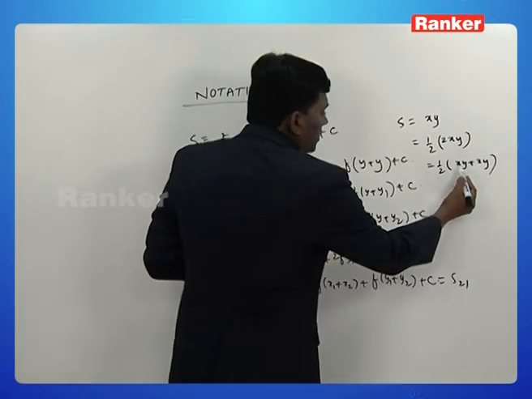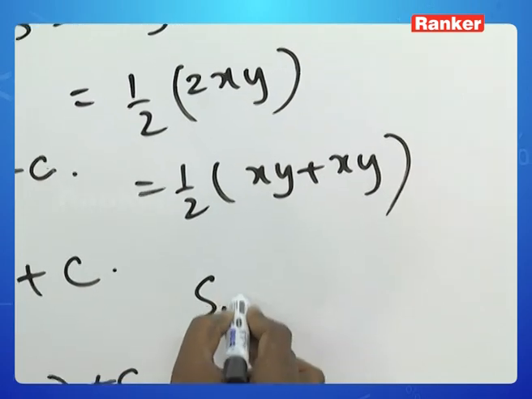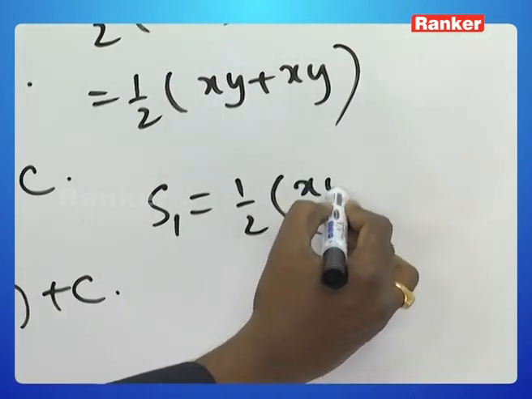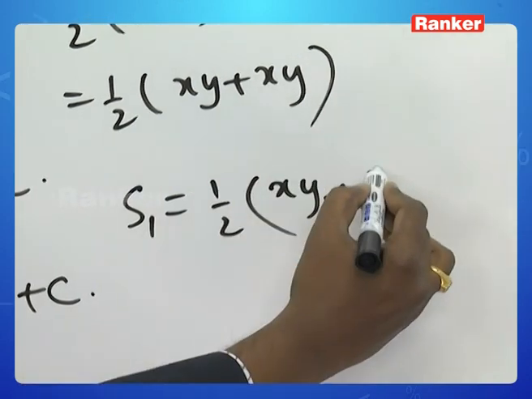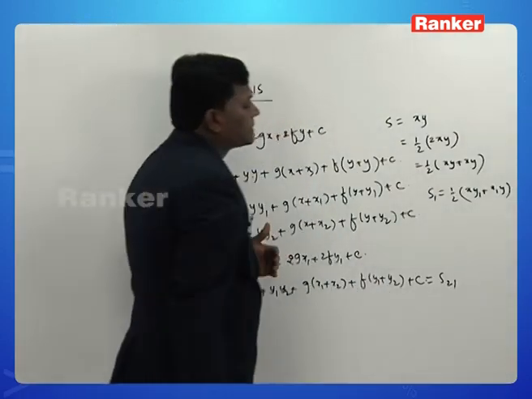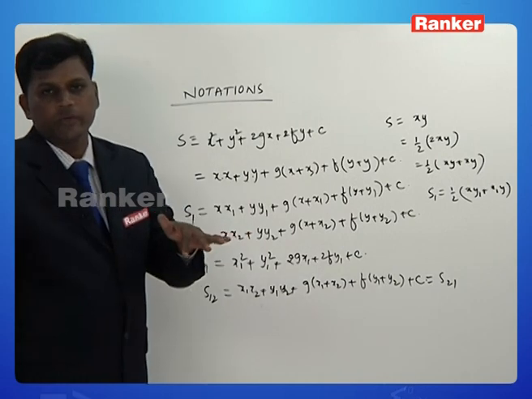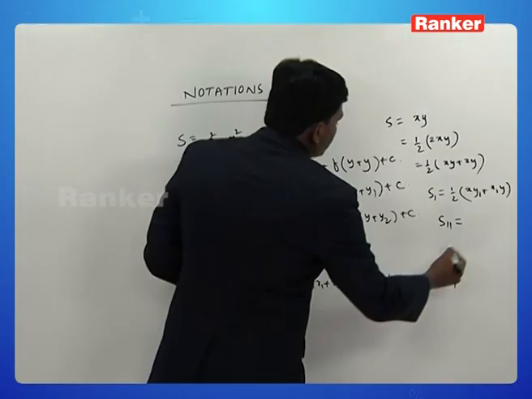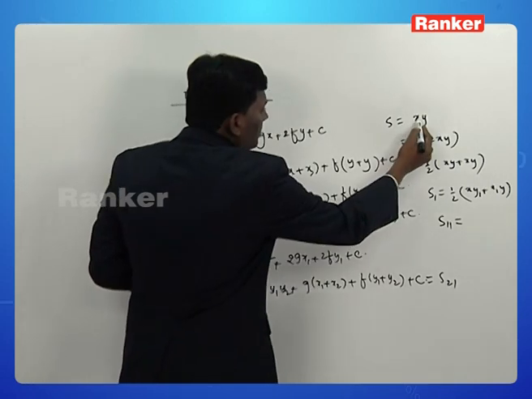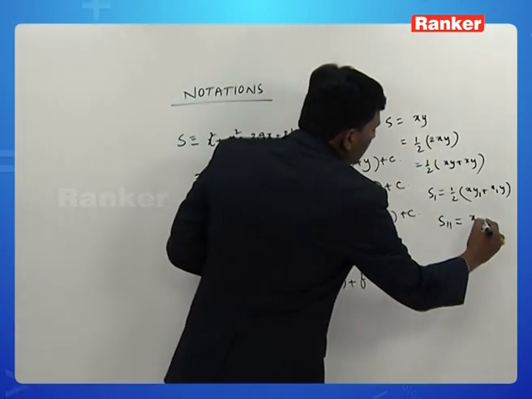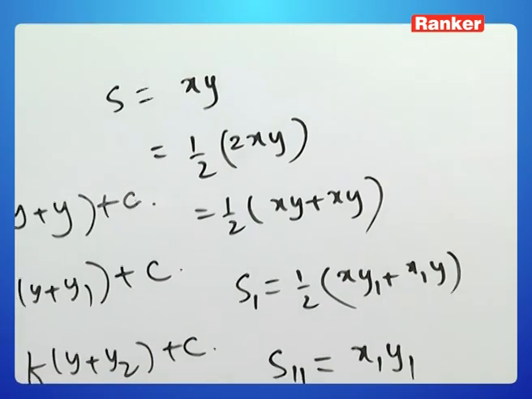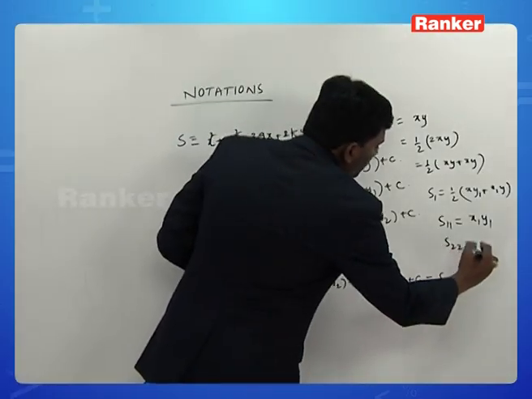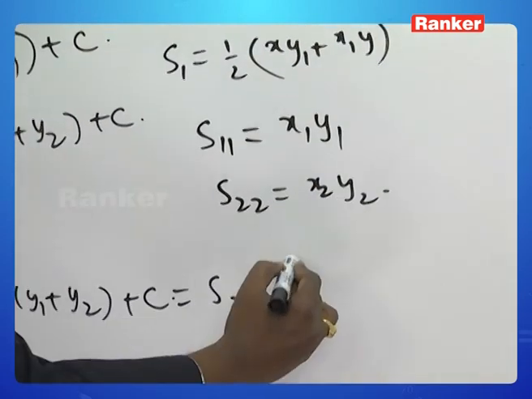Now S1: in this, replace y with y1 in one term and x with x1 in the other. Half into x y1 plus x1 y can be taken as S1. S11 is very common, like the previous one. Replace x and y in the given equation with x1, y1. That is called S11. If you want S22, with x2, y2, we can write it in a similar way.